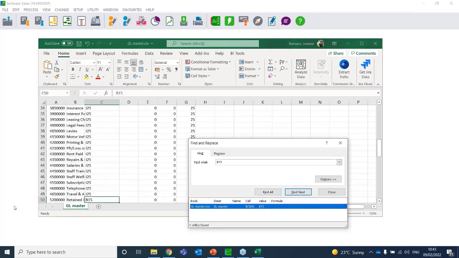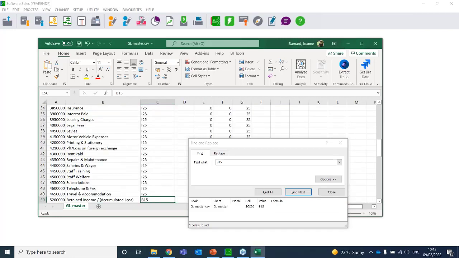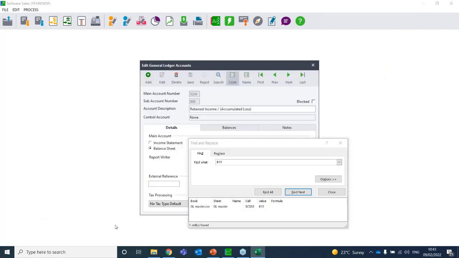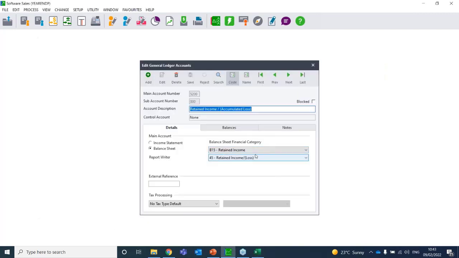And guys, hopefully this only comes up once. And yeah, in this case, I find it being called retained income. So guys, that's what you would need to know, obviously. You would need to know the category because it doesn't actually call it retained income like it does in Pastel. It just gives you the actual B15.